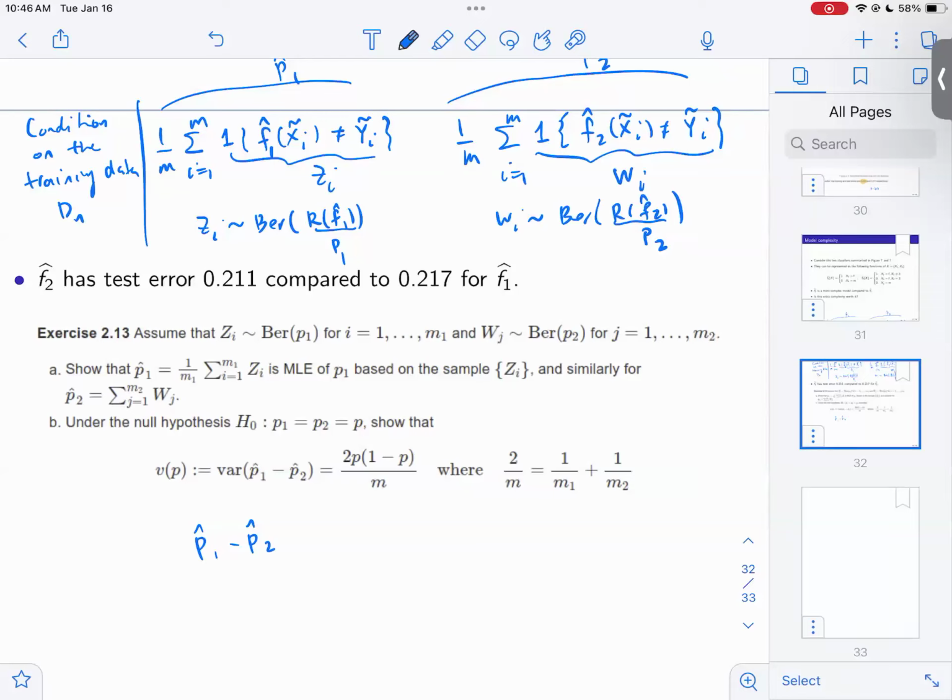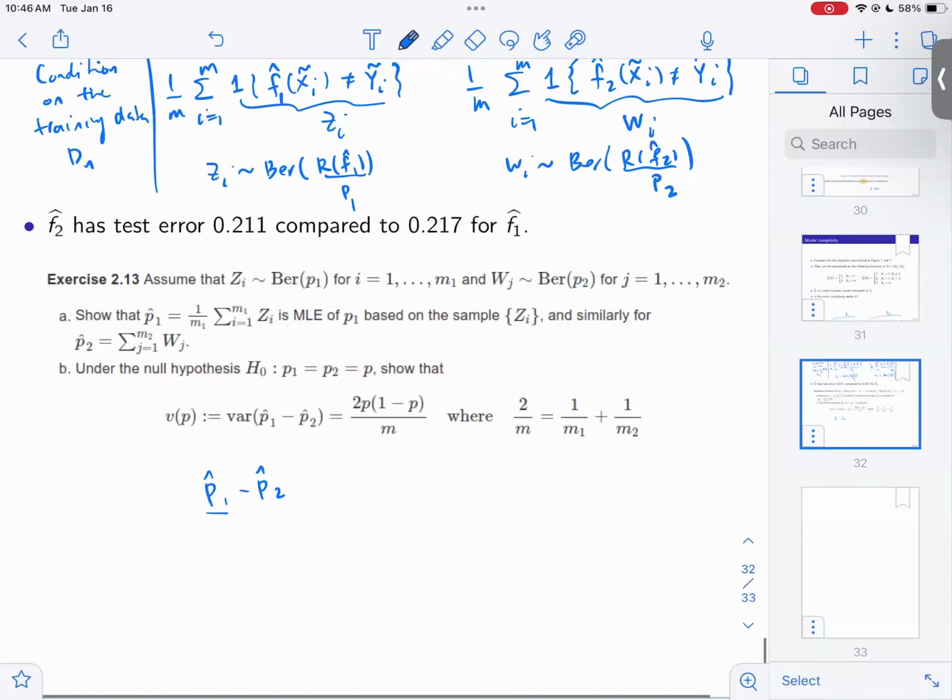So let's say I split my test data into two parts, tested one classifier on one and the other on the other. I have to divide this by a standard error, and in this case it would be roughly normal. And then I can check under the null.